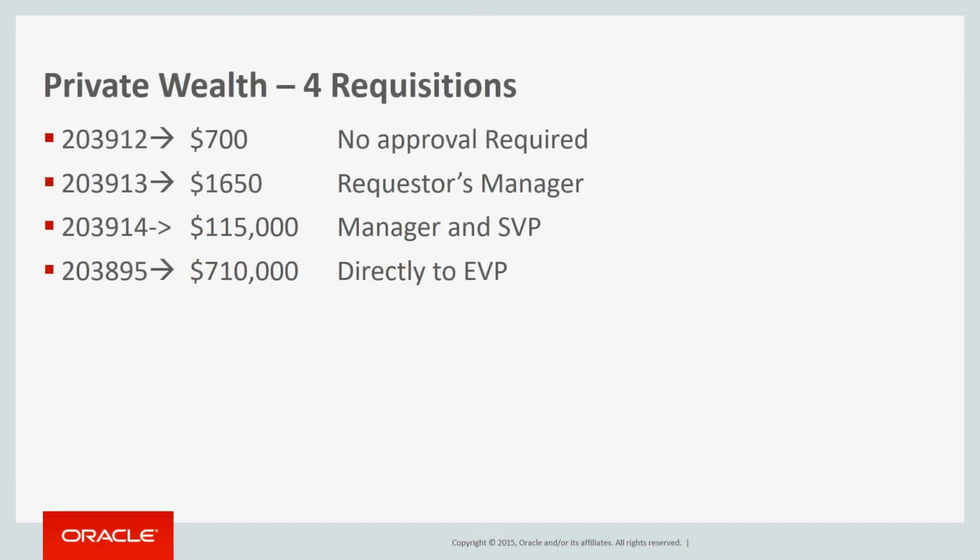You've asked for 4 requisition process flows in your demo scripts. On the left-hand side, you can see the purchase requisition number, the dollar amount for each one, which falls within the various thresholds that you've specified, and then the approval process. One thing to note, the very last scenario I'm going to walk through, I'm going to have that go from the user directly to the CEO for approval, just to demonstrate the flexibility.